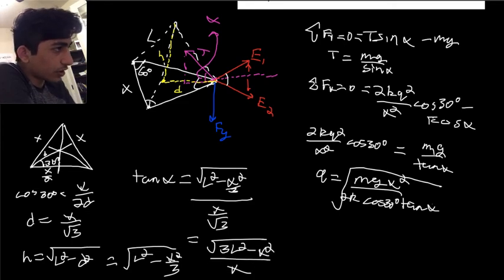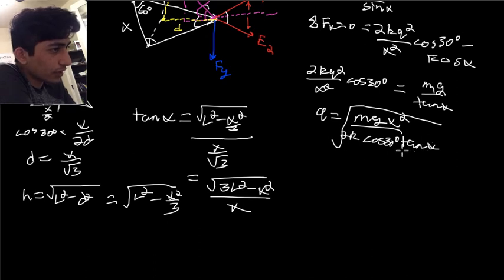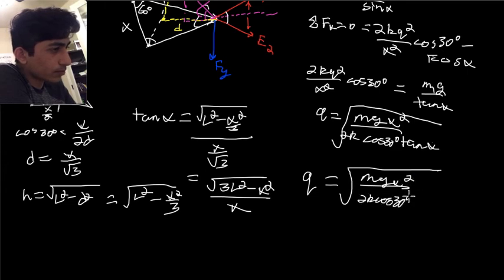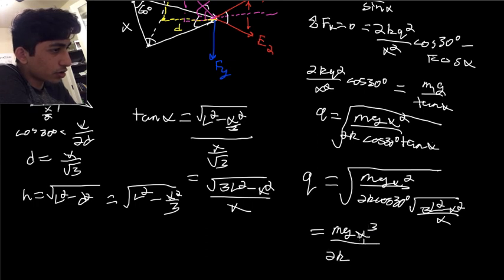Now we go back to our expression for Q, and we just plug this quantity in for the tangent of alpha, and we get root, tangent of alpha is x, so then this x goes to the top, we get mgx to the third, 2k, actually, we'll just evaluate.